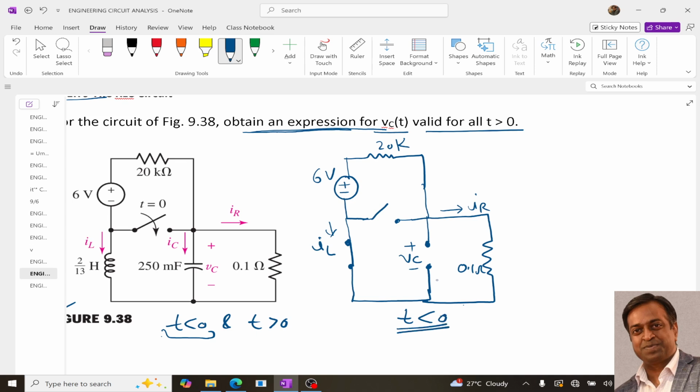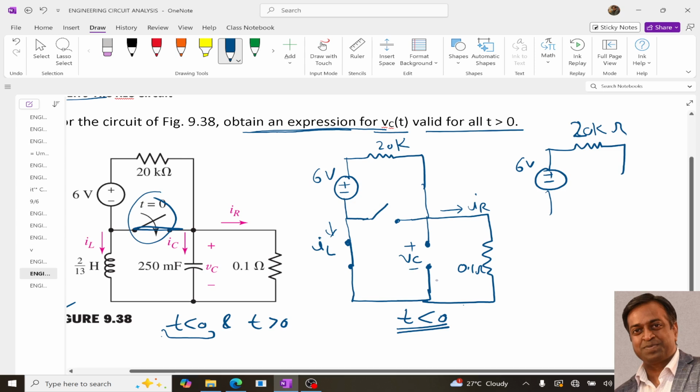If we try to get the circuit for t greater than 0, then our circuit will look something like this. At t greater than 0, again 20k ohm, this is the 6 volt source, and this switch is closed.